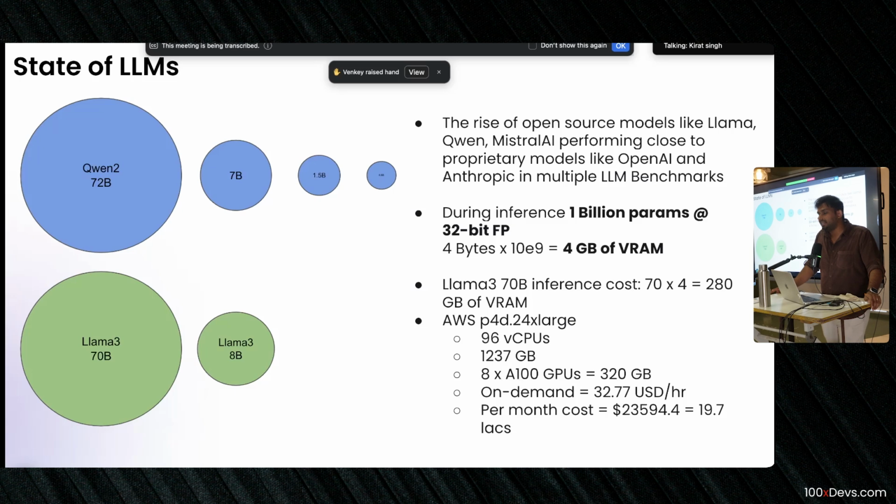The instance has 96 CPU cores, almost 1.2 TB of memory, and 8 A100 GPUs, each a 40 GB card, so 8 of them make 320 GB. The cost is $32 per hour. So if you just host a 70B Llama, it will cost you almost 20 lakh rupees per month just to host one model, right?